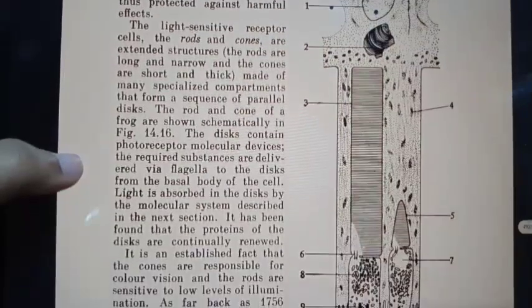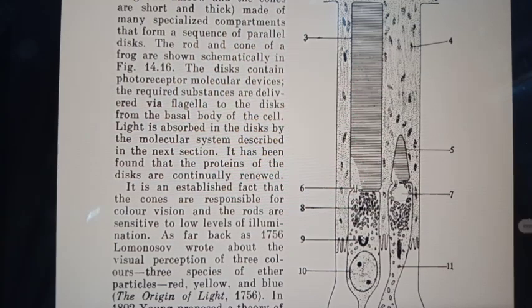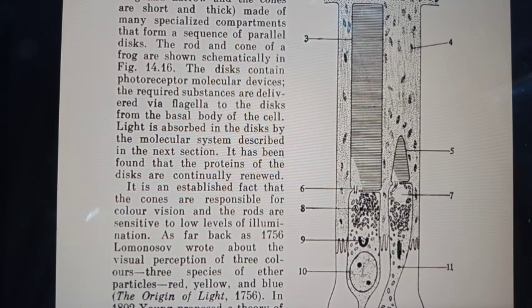The rod and cone of a frog are shown symmetrically in figure 14.16. The disc contains photoreceptor molecular division.